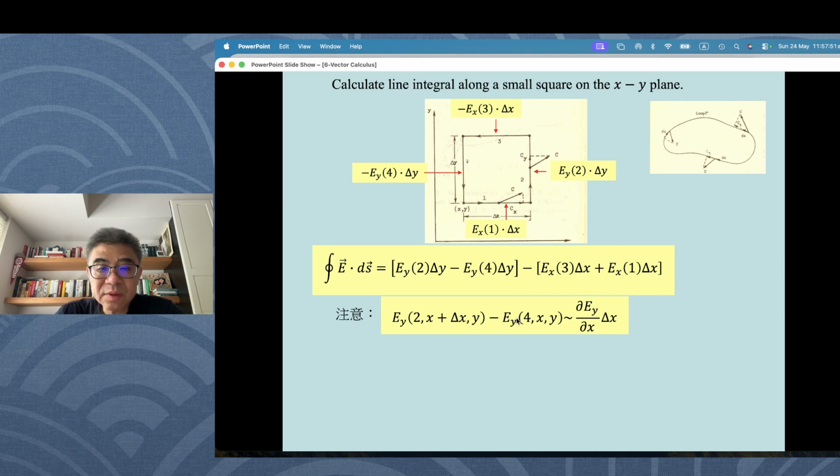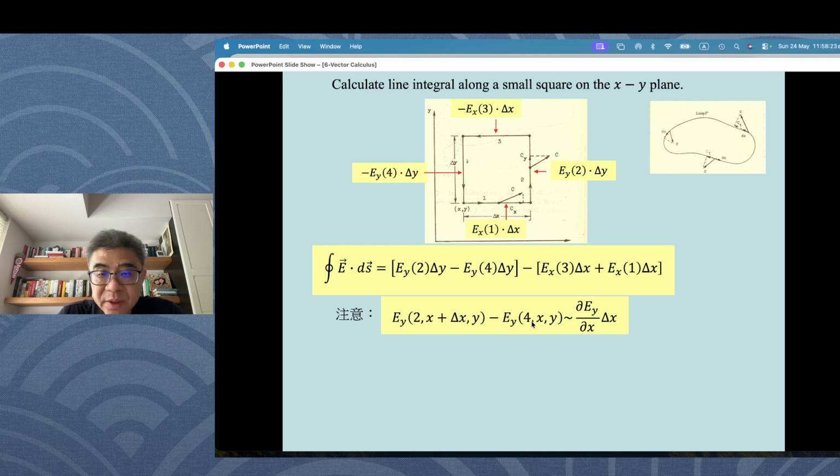According to calculus, if you're looking at E_y as a function, then the difference of the function will be equal to the derivative times the variable change delta x. So it will be equal to dE_y over dx. However, here, because it is a multivariable function, in doing this derivative, I keep the y coordinate fixed.